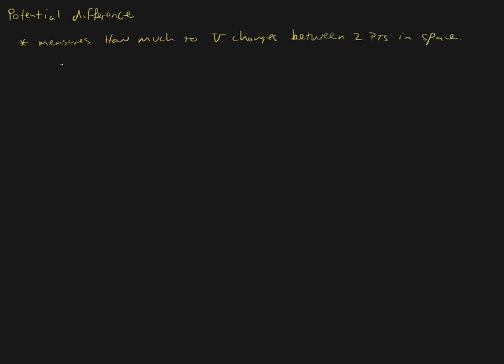So if I put a source charge right here, and I'll make that positive, and I look at this point in space and this point in space, we'll say that this is point A, this is point B. We'll call this Q1. Okay, I can calculate the potential at A. That's just going to be equal to KQ1 over RA, and the potential at B is equal to KQ2 over RB.